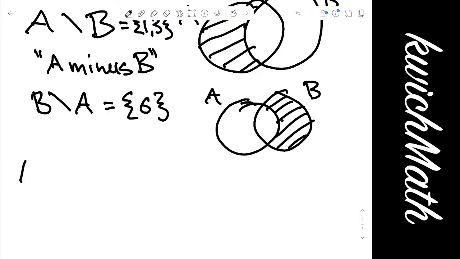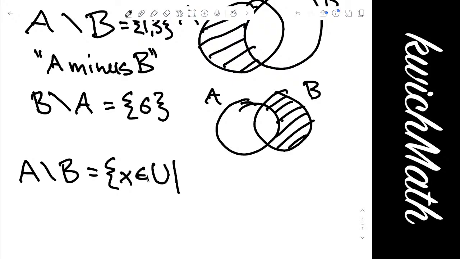To go back to A minus B: it has to be in the universal set, but what we must have is that x is in A, and x is not a member of B. Using this notation, you can also see why A minus B and B minus A are different.